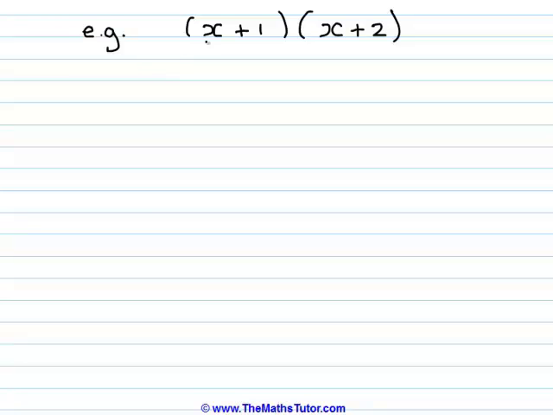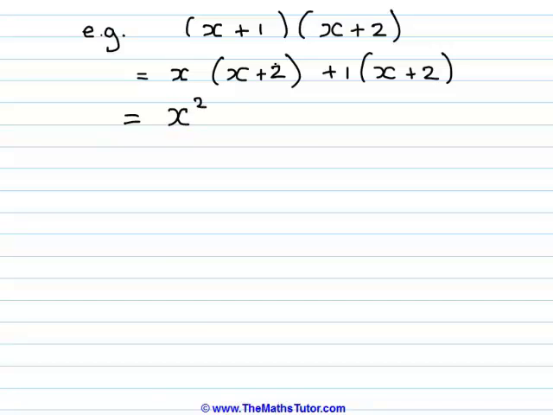So it becomes x times x plus 2 plus 1 times x plus 2, which is equal to x by x is x squared, x by plus 2 is plus 2x, plus 1 by x is plus 1x, plus 1 by plus 2 is plus 2.